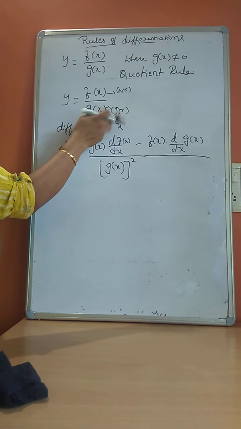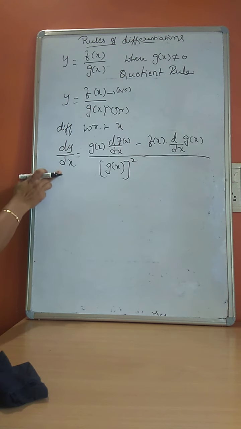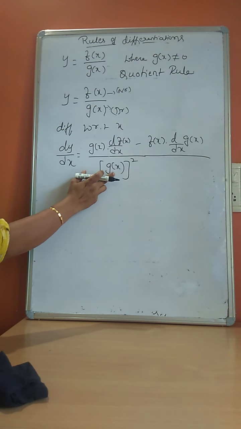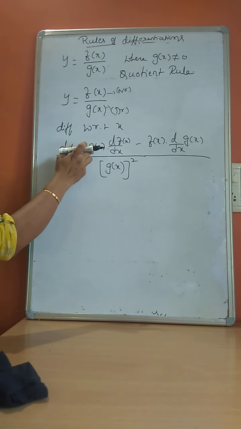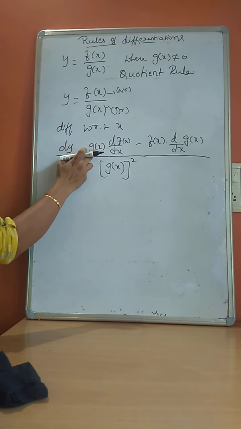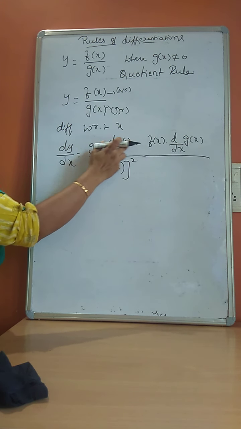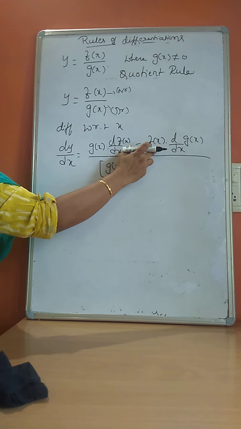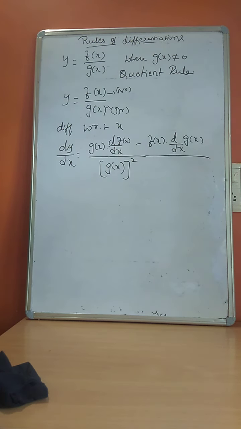The denominator is a denominator. How to differentiate? dy by dx is equal to denominator square, in the numerator, denominator into differentiation of a numerator minus numerator into differentiation of a denominator.